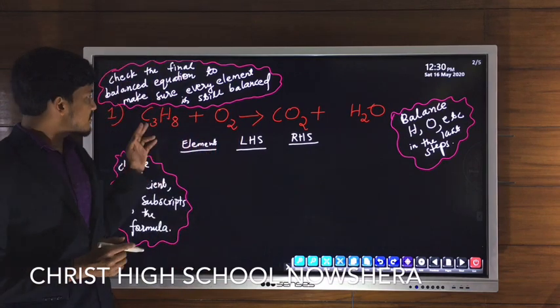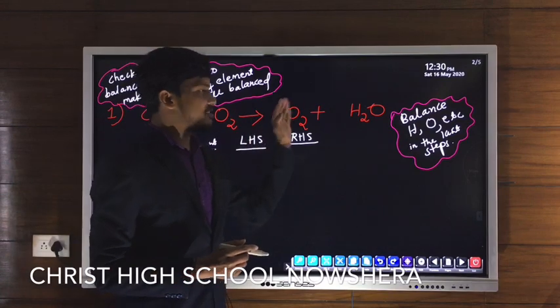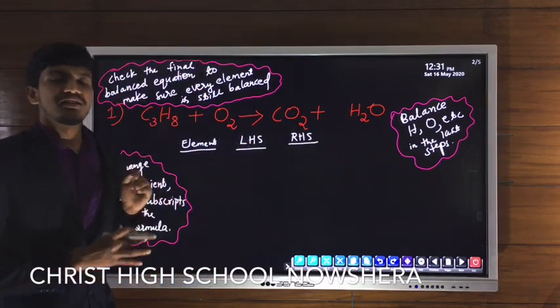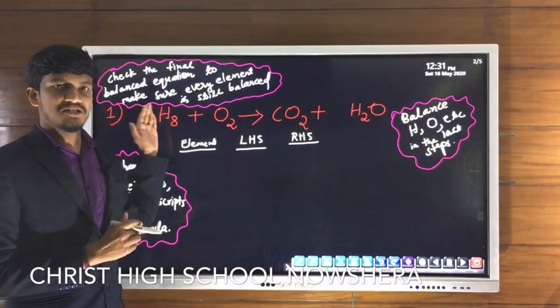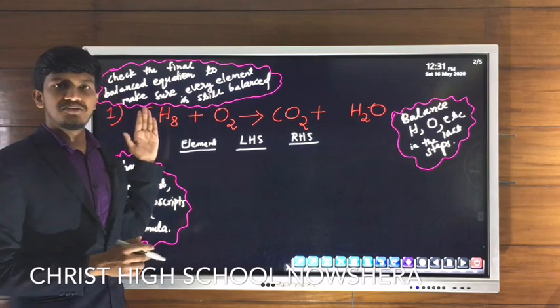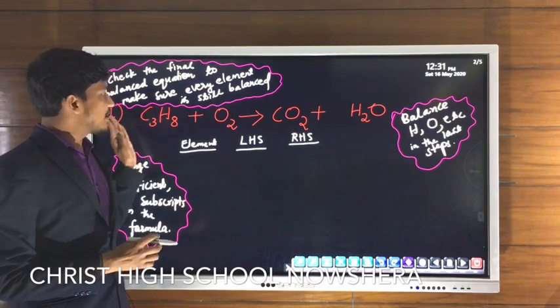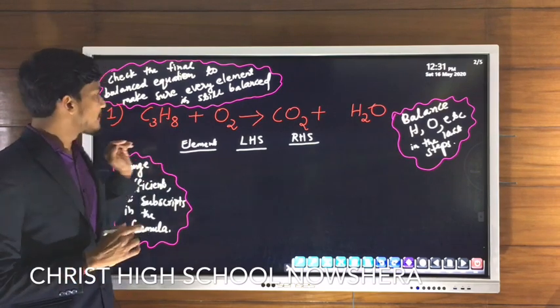We have reactants C3H8 and O2, they are the reactants, and two products CO2 and H2O. Now we have to balance this equation. So it is an unbalanced equation or skeletal equation. Skeletal equation is given. Now we have to balance it, means we have to make equal number of atoms on both the sides of the equation.